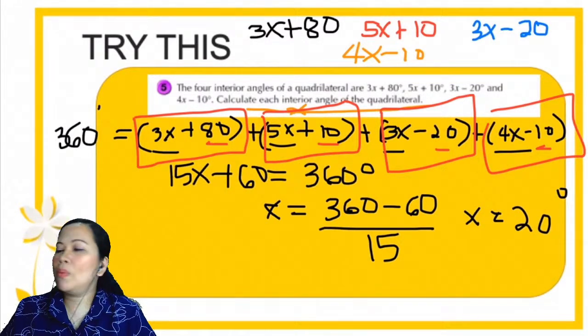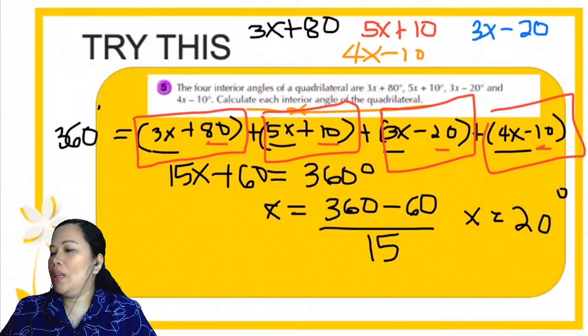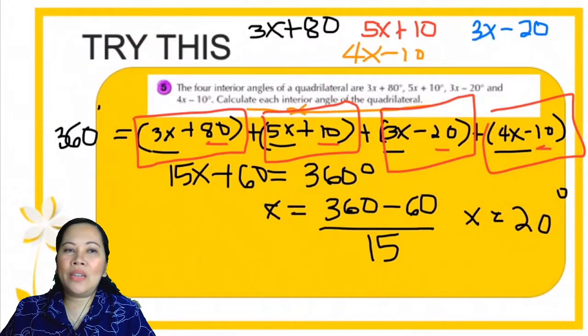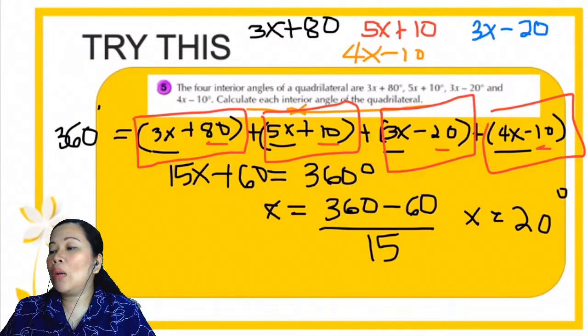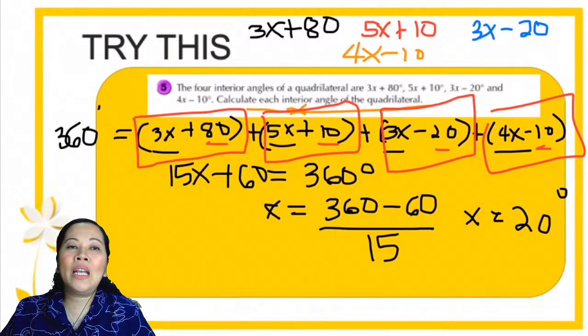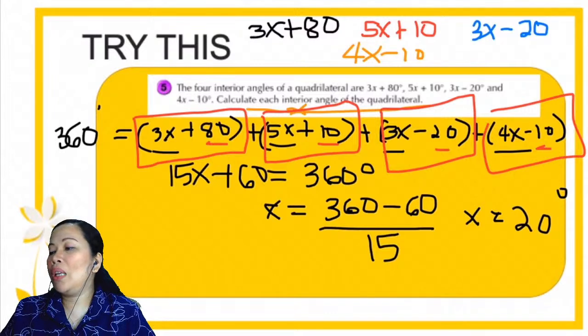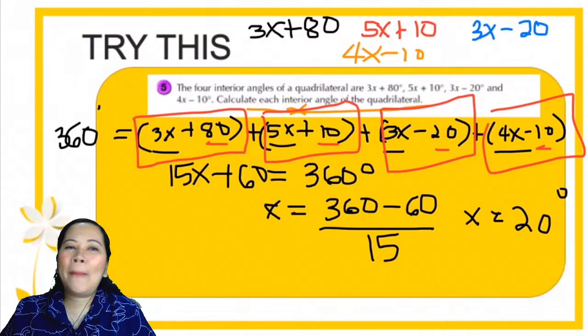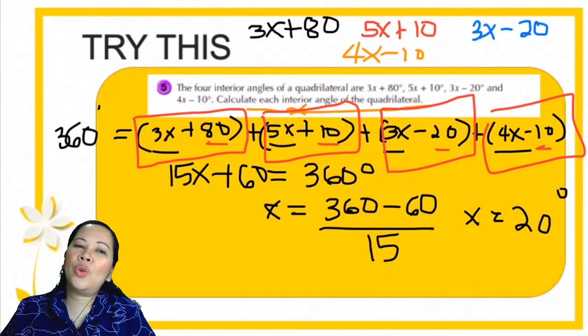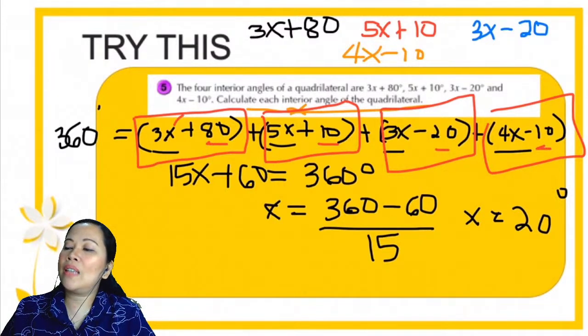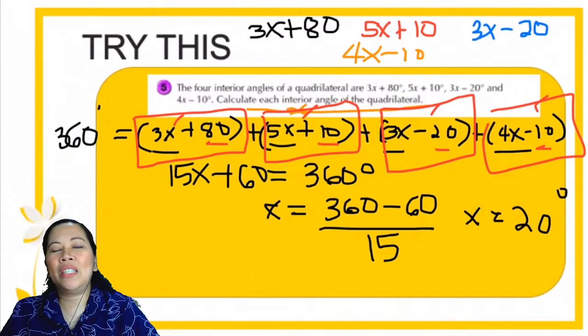Then 5 times 20 is 100, plus 10 is 110. Then 3 times 20 is 60, minus 20 is 40. Then 4 times 20 is 80, minus 10 is 70. So the angle measures are 140, 110, 40, and 70.